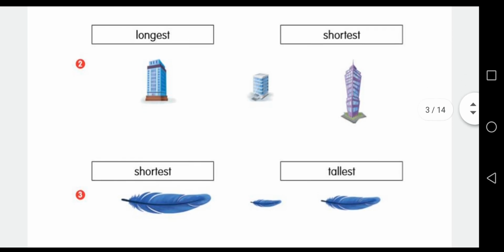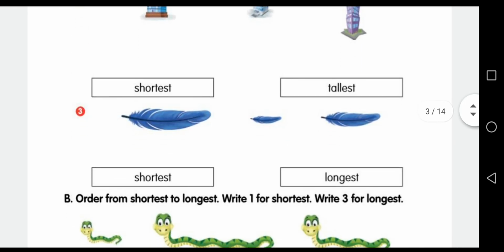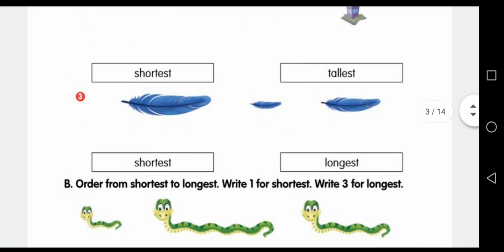What do you think? Yes, it's building number 2. Perfect. Now, which building is the tallest? Is it building number 1 or building number 3? Building number 3. Perfect.